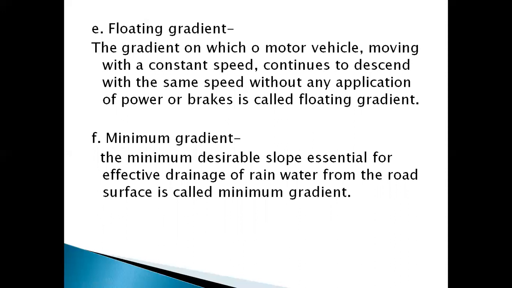The gradient which allows vehicles to travel with continuous speed is called a floating gradient. Then next is the minimum gradient. The minimum gradient is the gradient which gives effective drainage of rainwater for the surface of the road.